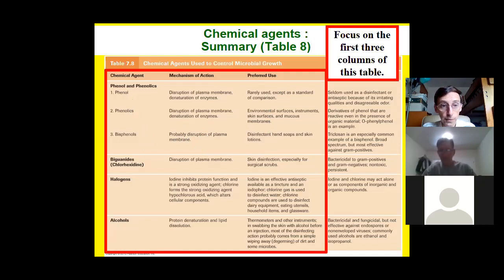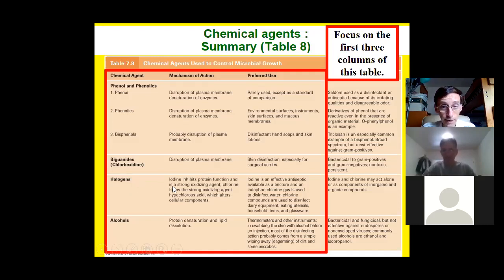Biguanides like chlorhexidine disrupt plasma membranes. They can be used on skin disinfection and are especially used for surgical scrubs. So what surgeons scrub with when they are preparing for surgery. Halogens, these are common disinfectants, and you've probably used iodine.